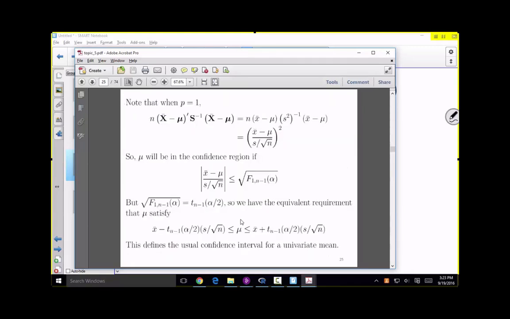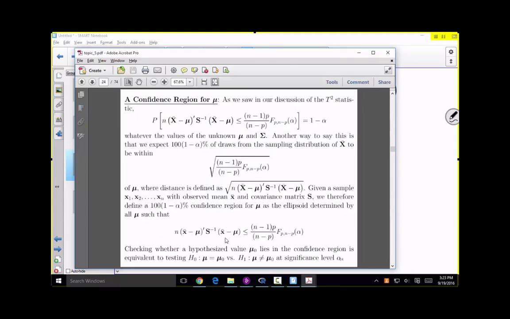Specifically, we could find the values of mu such that the distance equals this, where this is the appropriate percentile from that F.